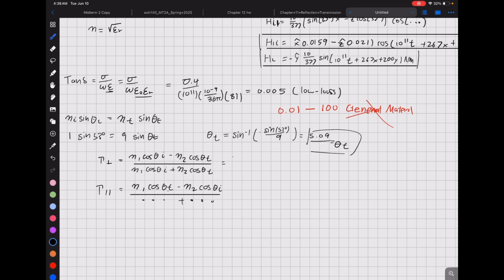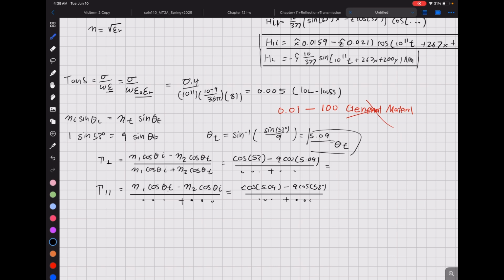So we're going to have cosine of 53 minus 9 cosine of 5.09. The bottom part is going to be just the sum of those two. The top is the difference, and the bottom is the sum. So on the bottom, we're going to have 9 cosine of 5.09 plus cosine of 53 degrees, adding those up together.